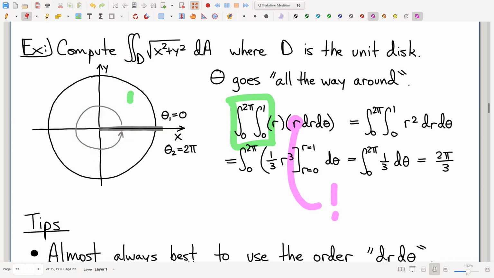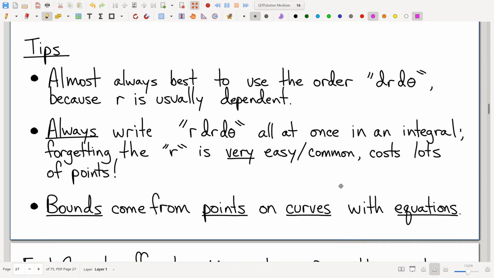So my best solution to make sure that you don't accidentally whoopsie yourself out of 4 or 5 points is do what I do and always write the entire dA, the stretching factor and the pullback differentials, r dr d theta, write the whole thing down all at once. If you build a habit where you never write down dr d theta by themselves, always write down r dr d theta, you're going to need that r anyway.